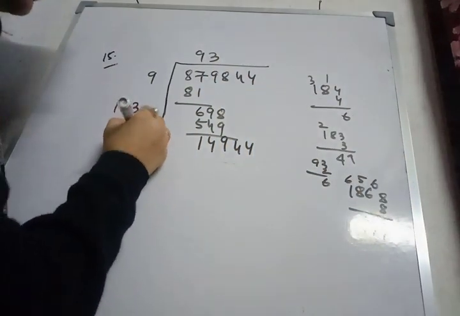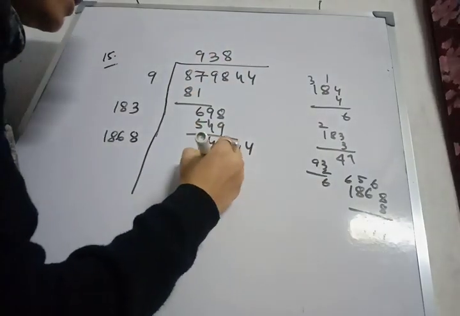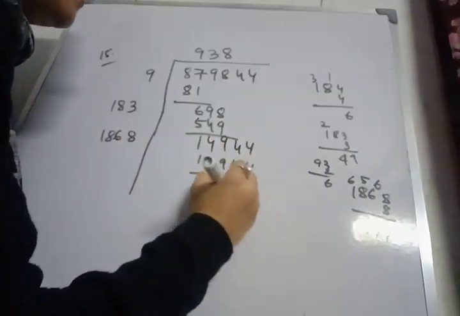Okay, 8, sir. So 938 is the square root of the second one.